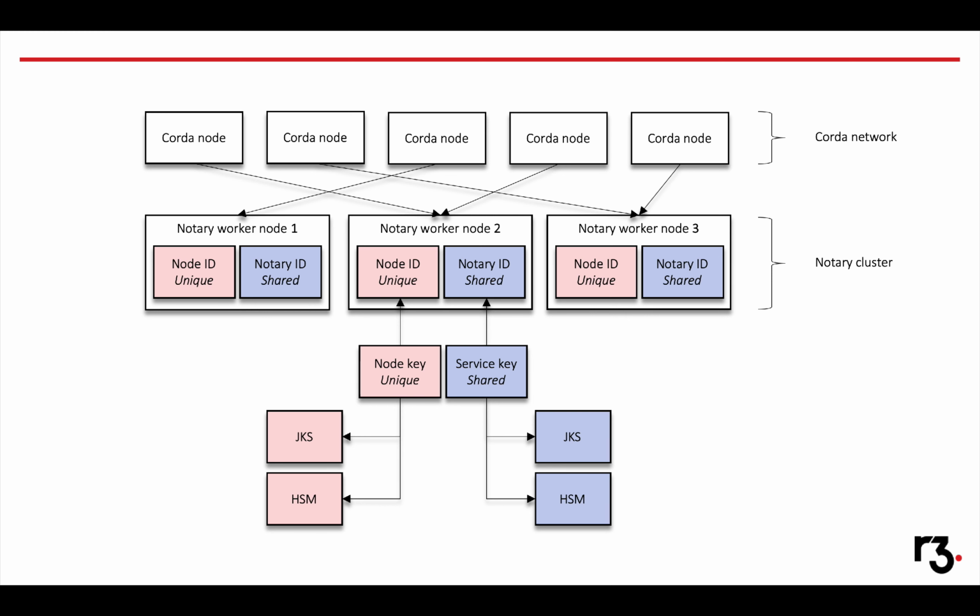But that unavailability doesn't endanger ledger integrity or ledger consistency, right? It just stops things being spent with that notary for that time. Exactly. The clients or other Corda nodes trying to use the notary cannot get their transactions verified by the notary service.